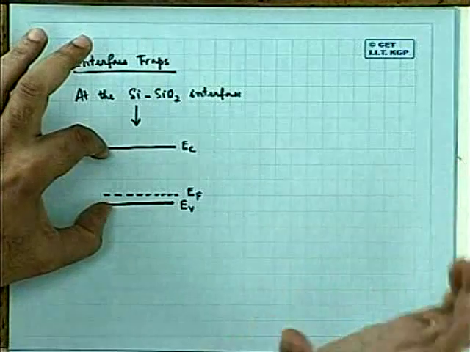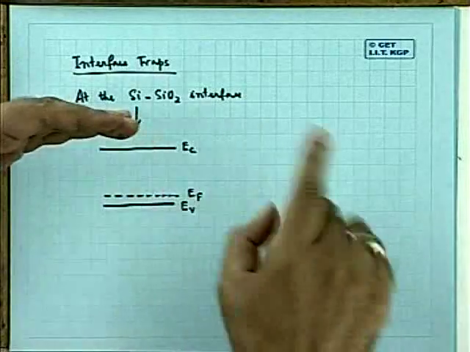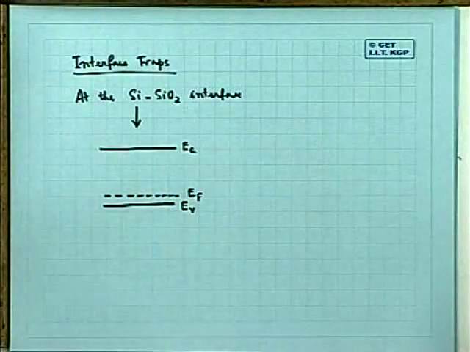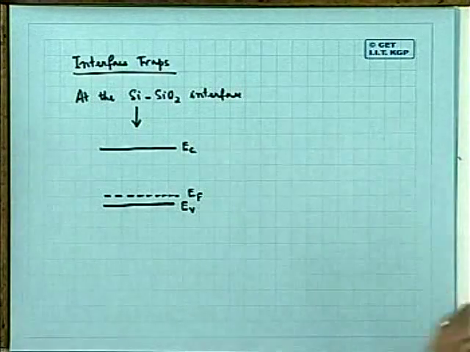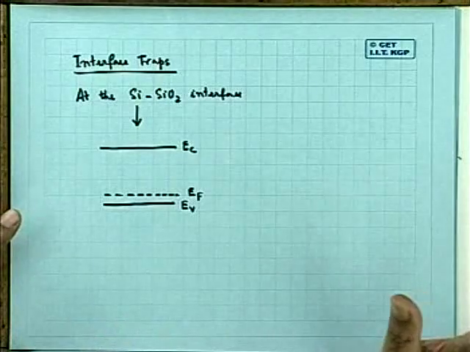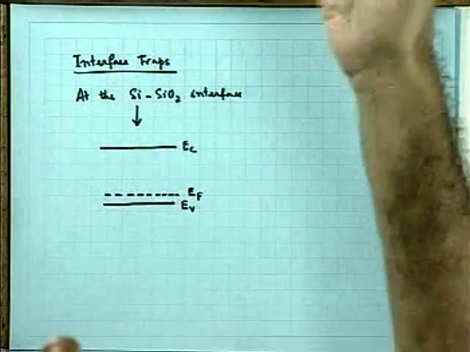Even in the bulk of the semiconductor, the band gap will not be a perfectly empty band gap. There will be some states, and through these traps the generation-recombination process becomes enhanced. Shockley-Read-Hall recombination is nothing but recombination through these trap states.